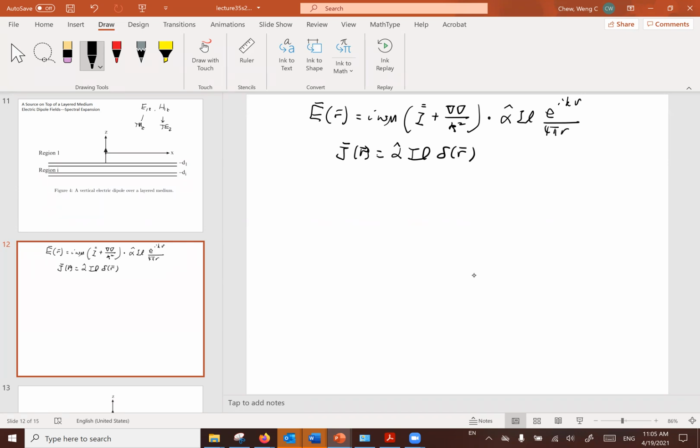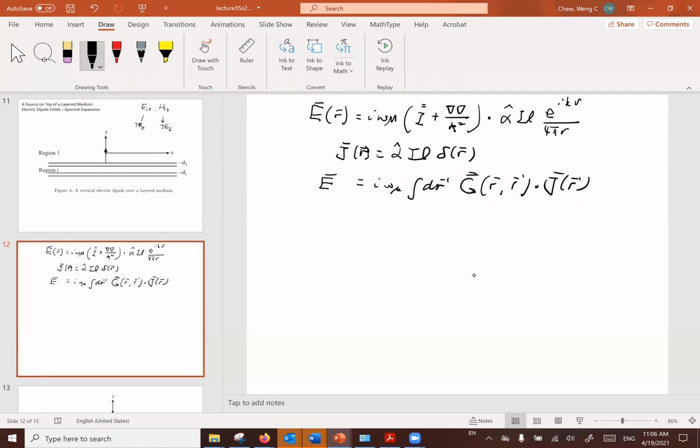You can easily show that the electric field is given by this. And you learned from your take-home exam that essentially this E is just i omega mu times the integral over R prime of G of R, R prime dot J of R prime. Okay, essentially that is that.